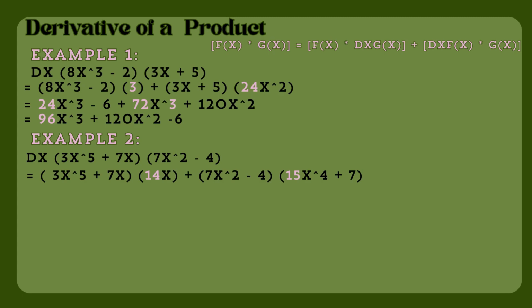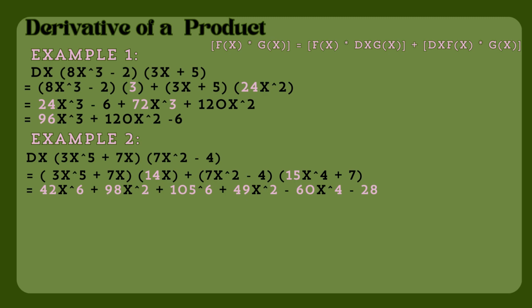Our f of x here will be 3x raised to 5 plus 7x, and 7x squared minus 4 is the g of x. Same as we did with the first example, substitute the following so it'll be 3x raised to 5 plus 7x multiplied to 14x plus 7x squared minus 4 multiplied to 15x raised to 4 plus 7.